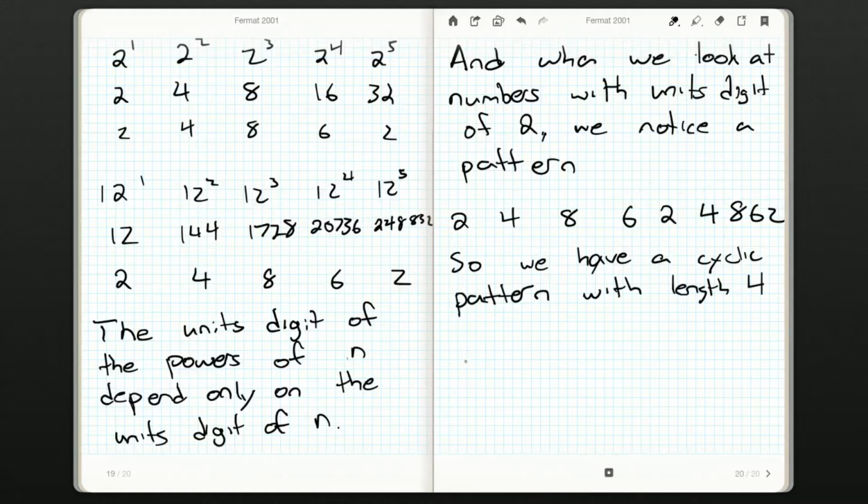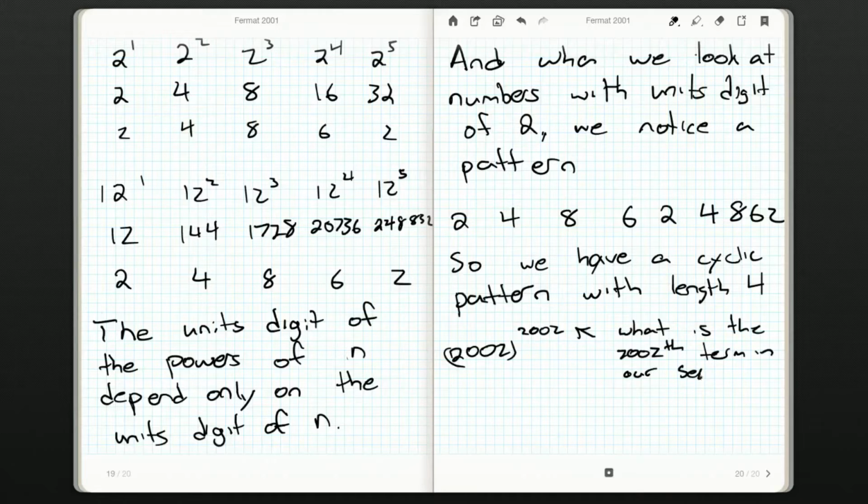So really, if we're raising 2002 to the 2002, we just have to ask what is the 2002 term in our sequence.